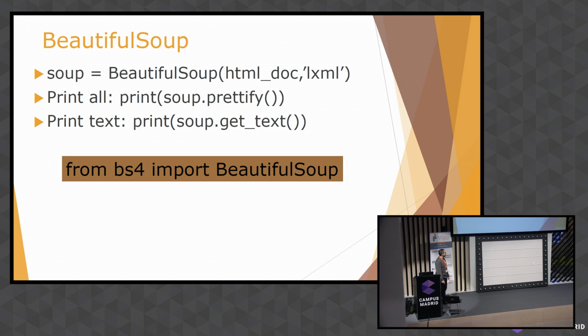The first is the HTML doc, that is the text of the response of the page we are analyzing, and the second parameter is the parser we have to use. In this case, we are using lxml. lxml is normally quicker than the other parser, the HTML file lib. And well, for using Beautiful Soup, the classical import.